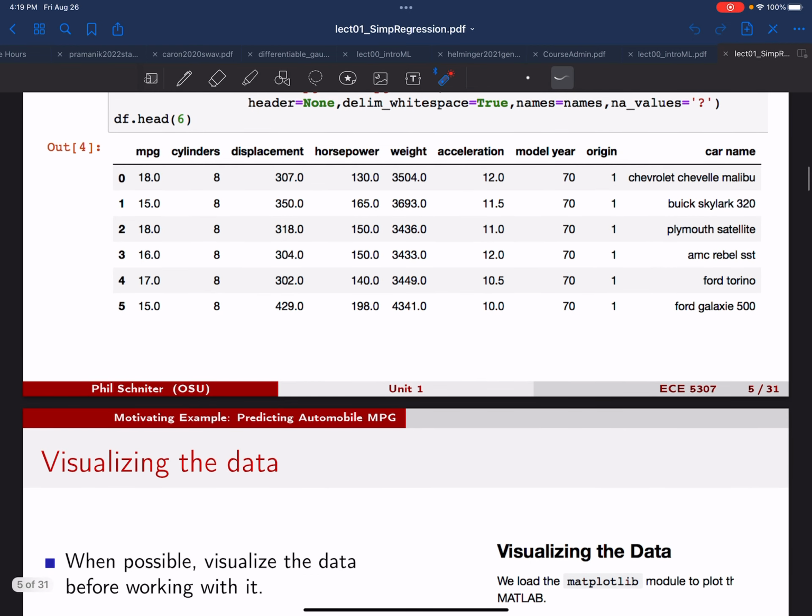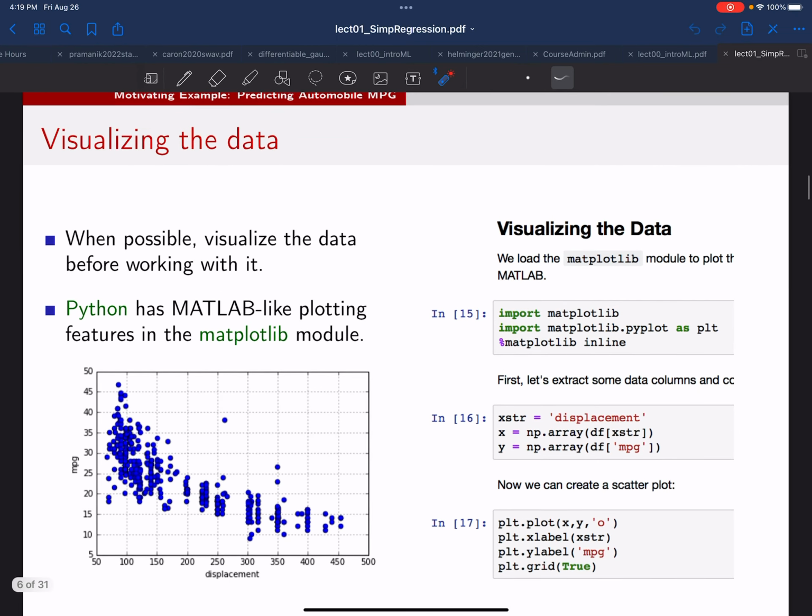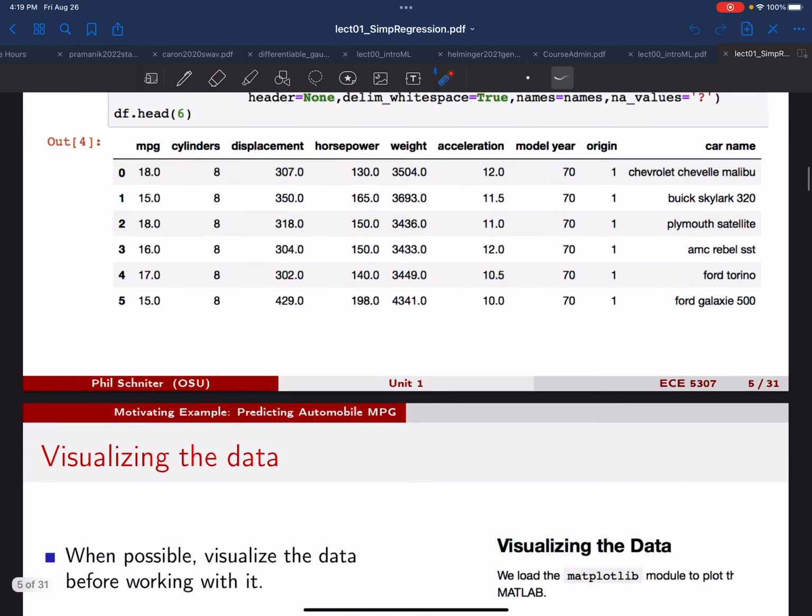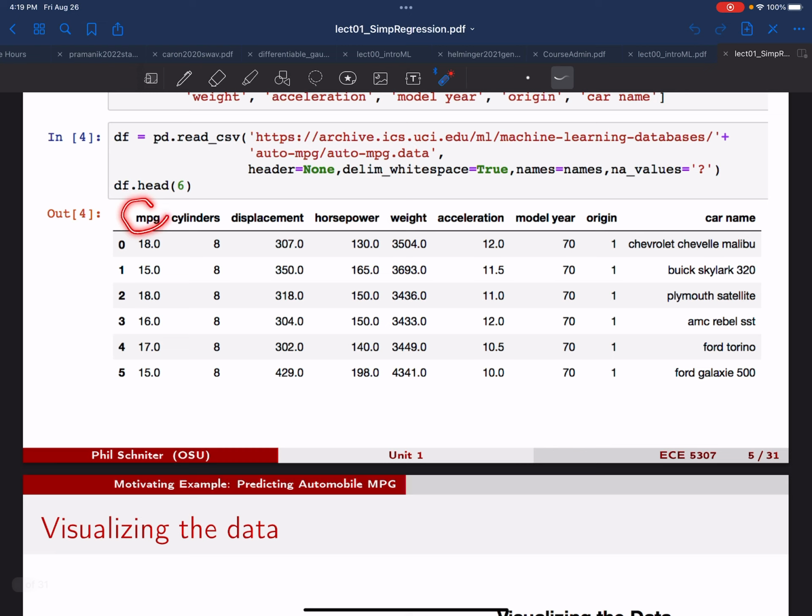Okay, so what we have to do is get these values into a vector, and get these values into another vector, and then we can plot the first vector against the second. So when we're working with this data frame, we can actually refer to these things by their column name.